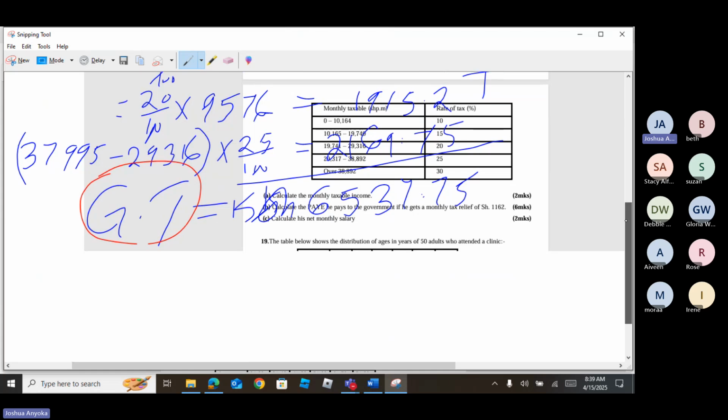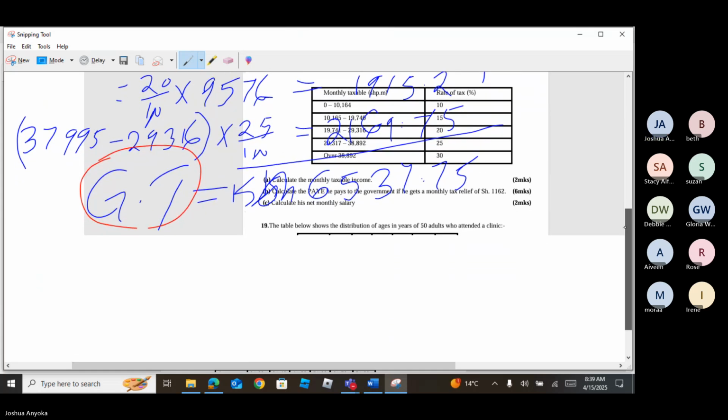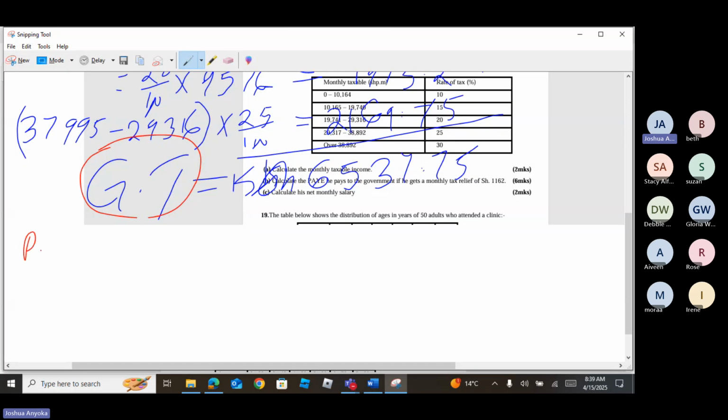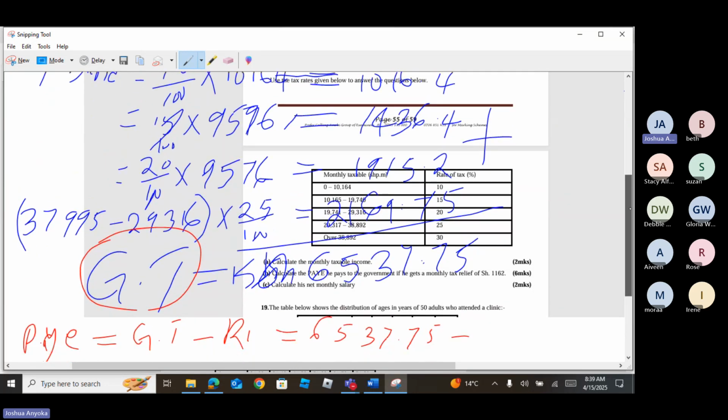Now, what next? After gross tax, we need PAYE. We are asked to calculate PAYE. So PAYE is equal to gross tax minus relief. Throughout the question, we have only one relief.